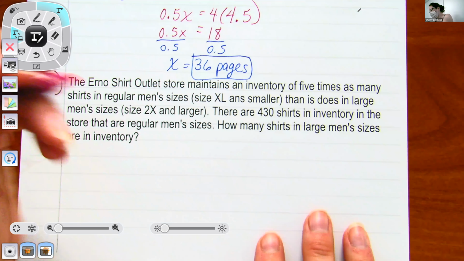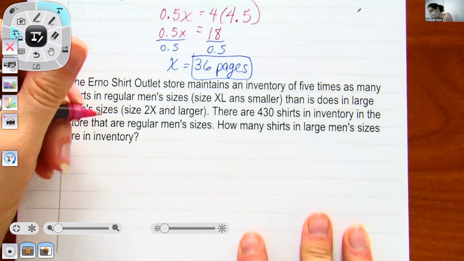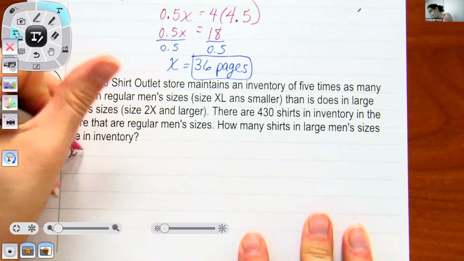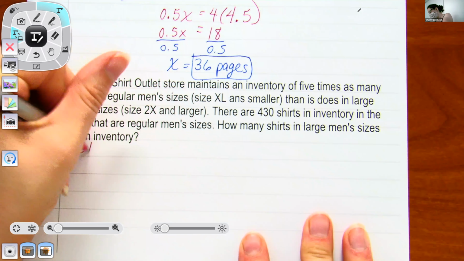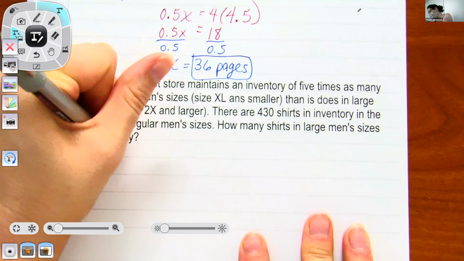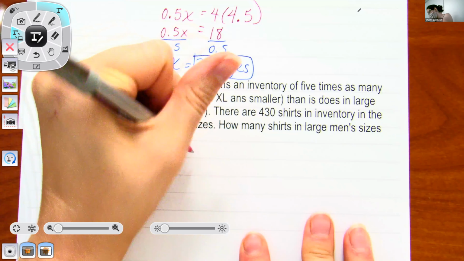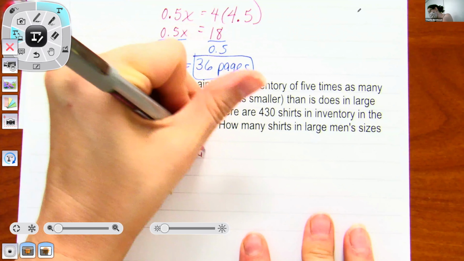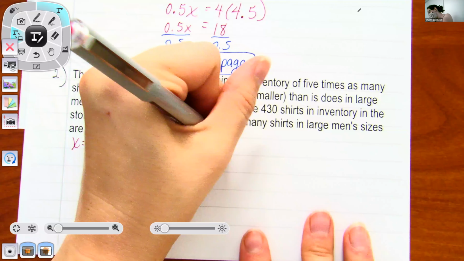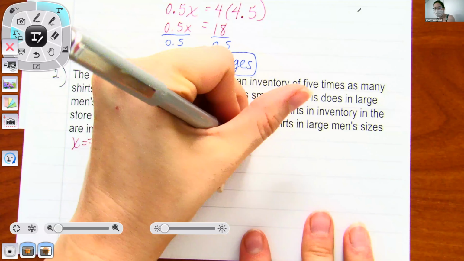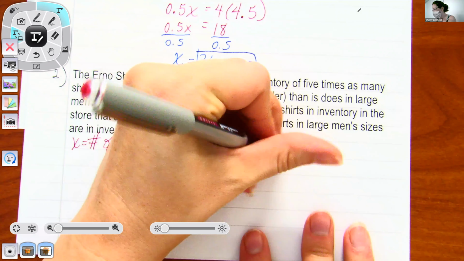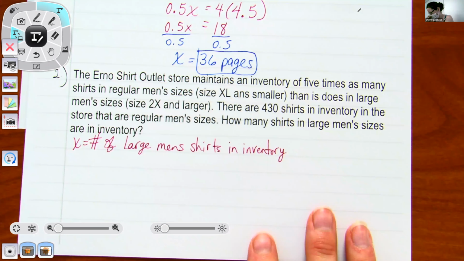So let's define our variable and say x equals the number of large men's shirts in inventory. Okay. And then let's see.